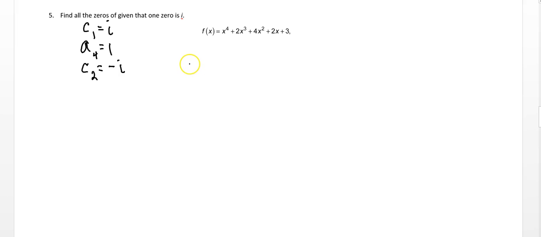So we can use this information now to find the rest, because we know that two of the factors are x minus i and x plus i. If we multiply those two factors together, we get x squared plus 1.